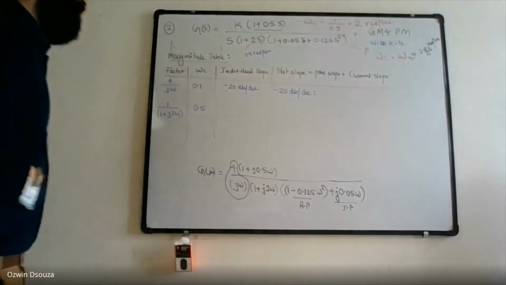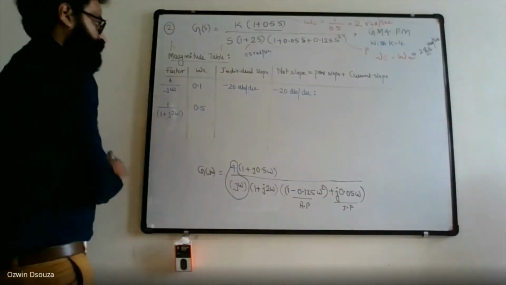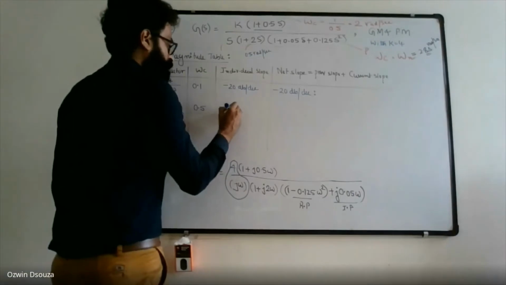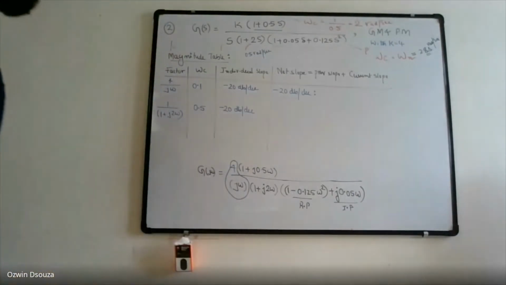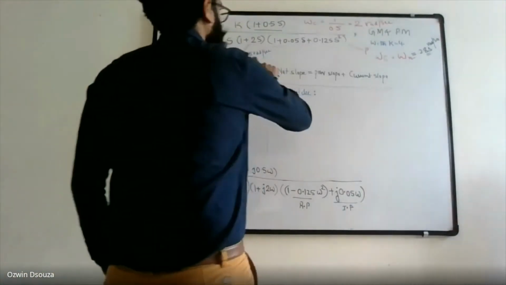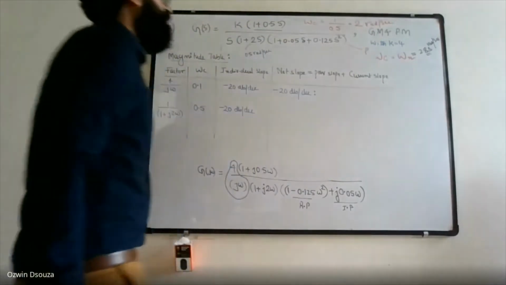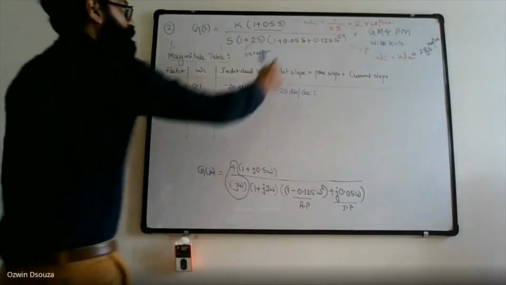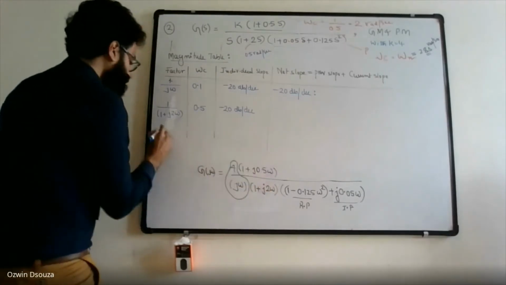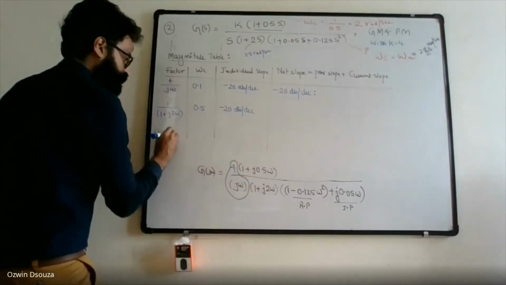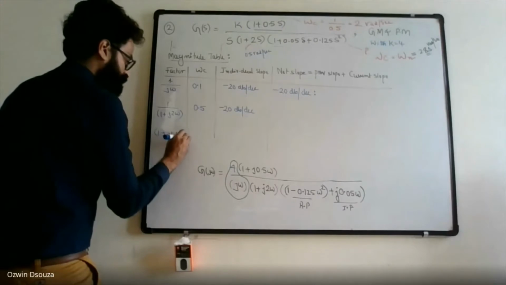Being a first order pole, the individual slope contribution is minus 20 decibel per decade. Then after 0.5, the next greater frequency is 2 radian per second. This is found in the numerator and is a first order zero, j 0.5 omega.